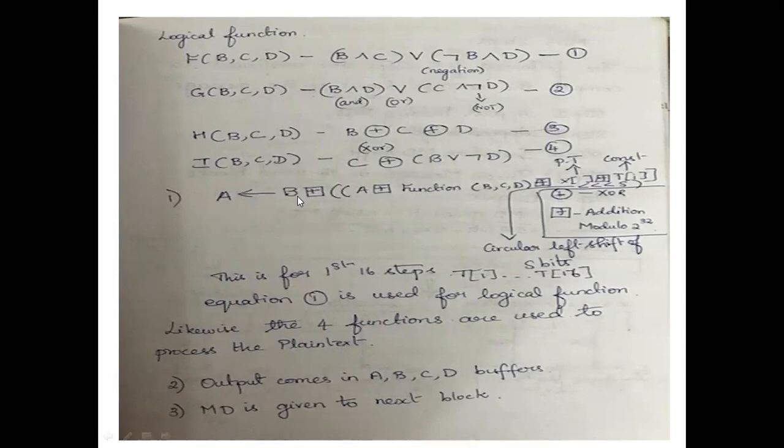B addition modulo with A addition modulo with the logical function of B, C, D. The logical function for the first step will be F, so it will take this formula. The logical function for the second step is G, so it will take this formula.